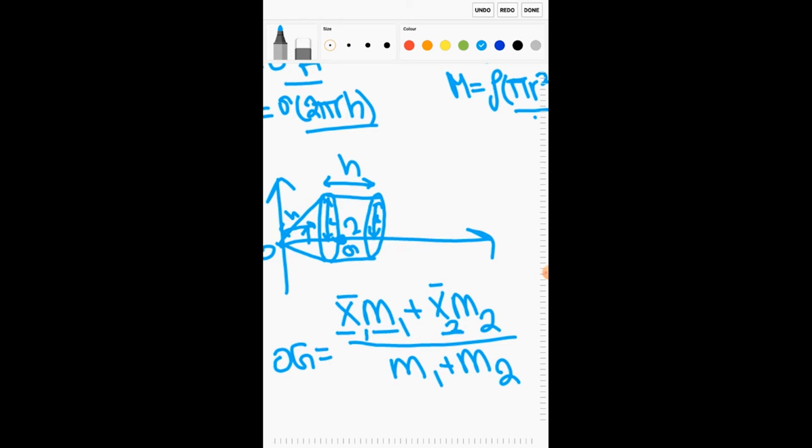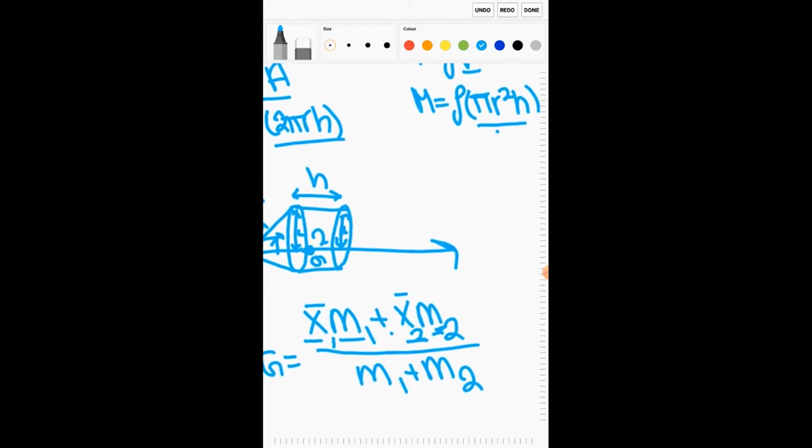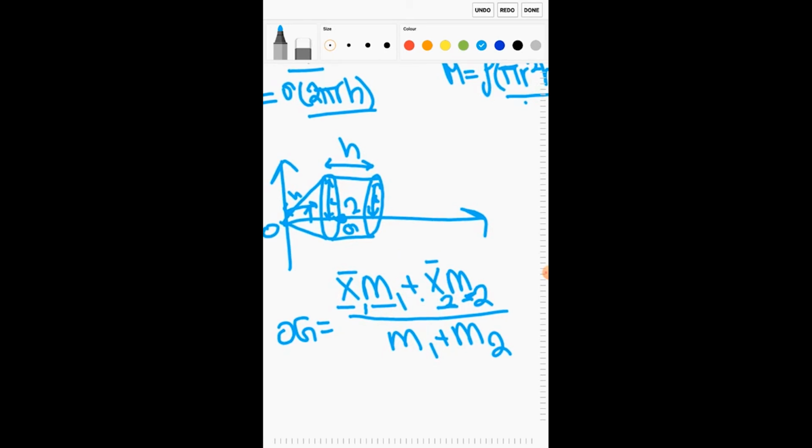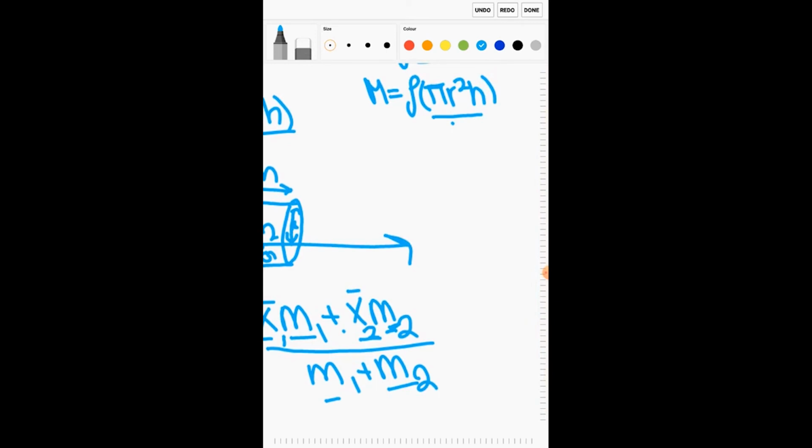half the height, and the mass depends on whether it's hollow or solid. Let's say it's solid, it would be rho pi r squared h, because it's rho V, over the sum of the two masses. Let's say they told you that you have two cylinders, this one and then a smaller one inside, and you're subtracting them.